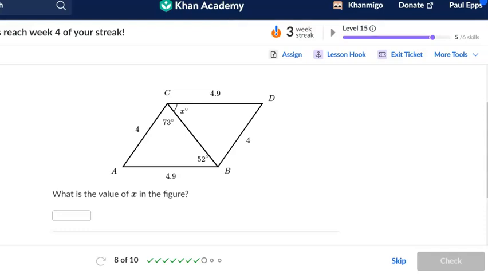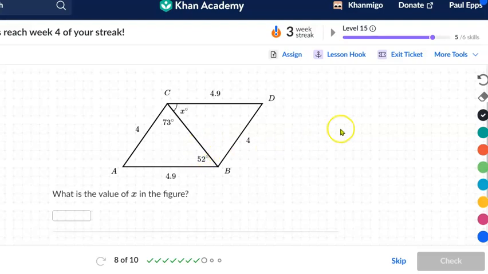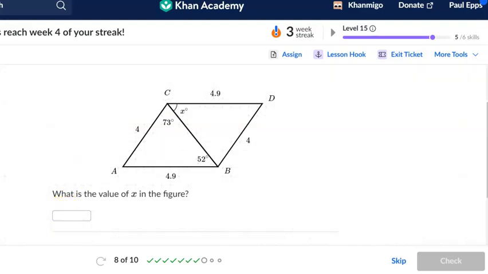Why can I not get a pen here? I don't know. You know what? Let me just get the Khan Academy pen. All right, it is this 52 and 52, alternate interior angles. Can I write with this? No, I can't. I got to turn it off. All right. 52.